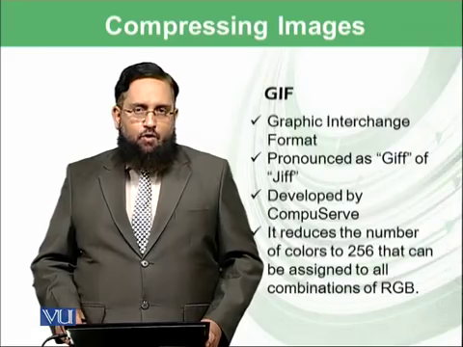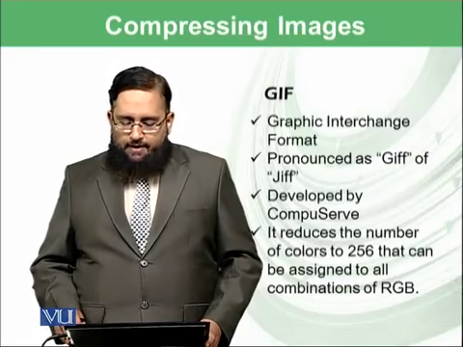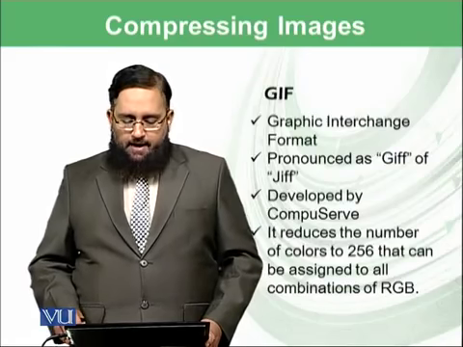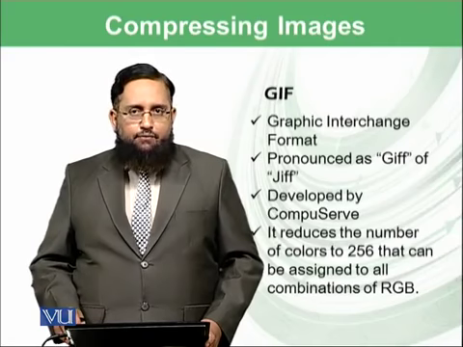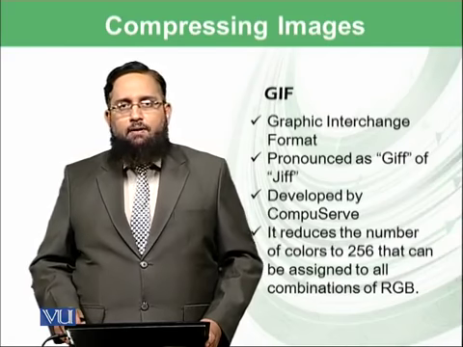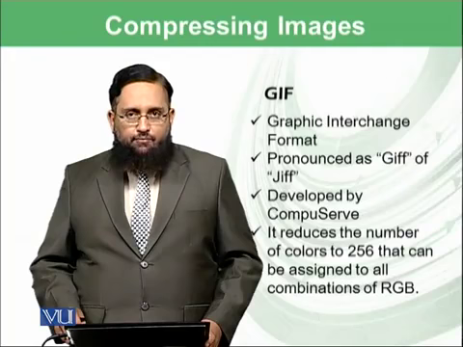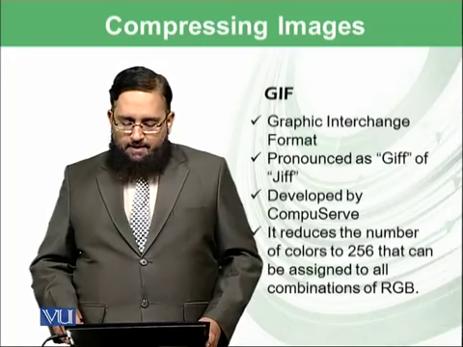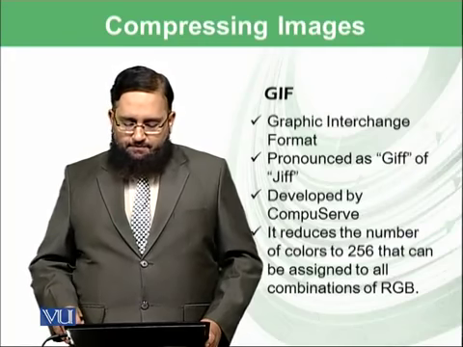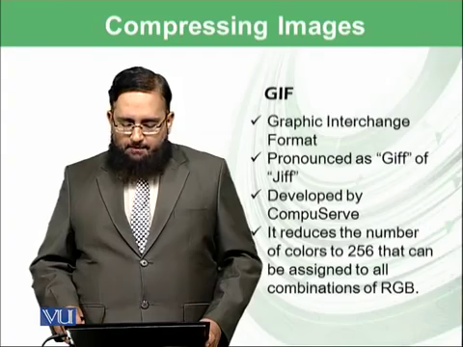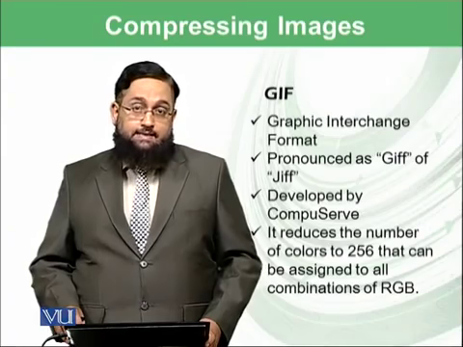GIF, a format known as Graphics Interchange Format, is pronounced as GIF, or some other people pronounce it differently. It was developed by CompuServe, and it reduces the number of colors to 256 colors.